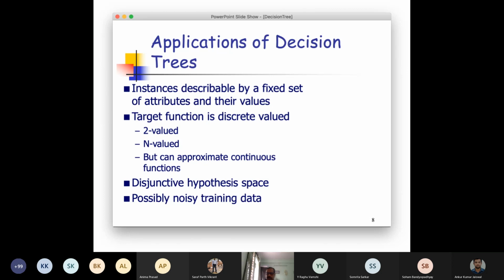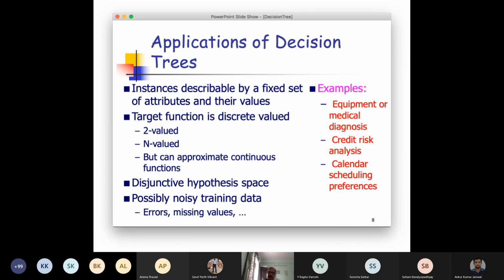But from now onwards, we will consider that your training data may contain errors. In the perspective of decision trees and the rest of our discussions with various other approaches, we'll consider there would be noise in our training data. There could be errors, there could be missing values, some attribute values may not be available, etc. We'll see in certain situations how to handle them.